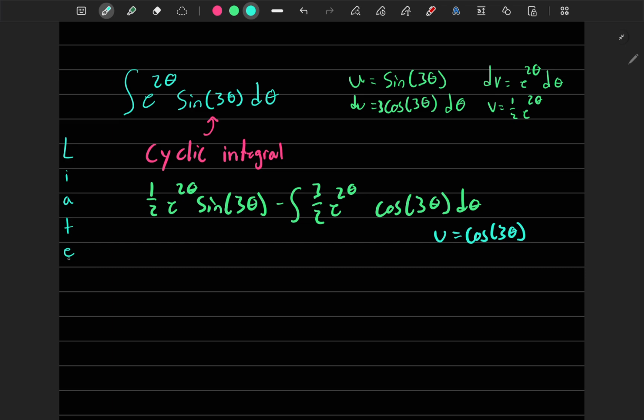And so trig comes before exponents, so we'll do cosine 3θ as our u. du equals, we do a quick chain rule, it'll be -3 sine, the inside stays the same, 3θ, keep the dθ, that's important.